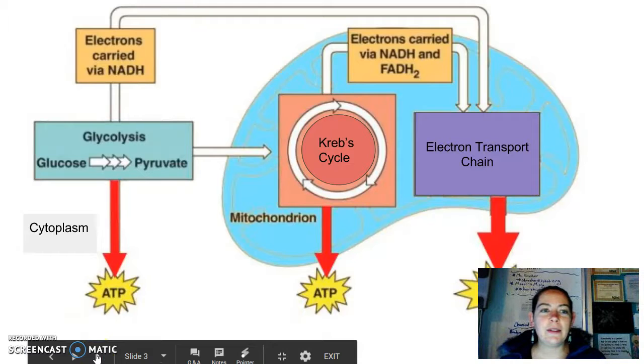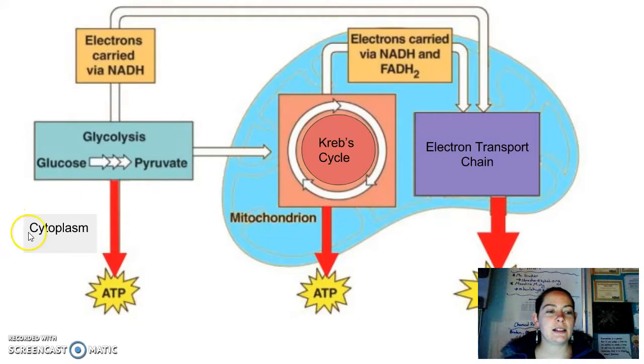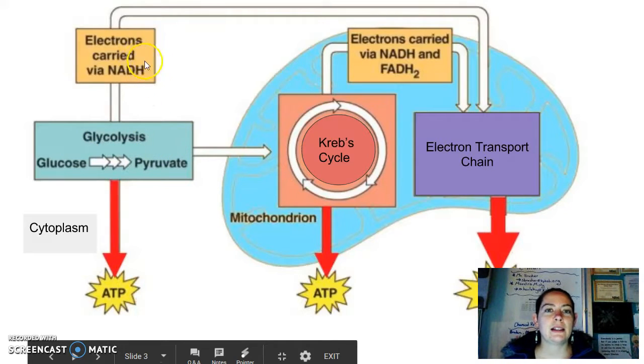So let's dive in deeper to what's happening in our cells when we're breaking down food. So here's just a quick overview. It starts in the cytoplasm with a process called glycolysis. And then you're going to get some ATP. Some electrons are going to get carried.